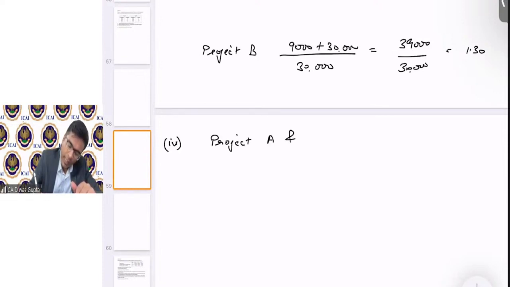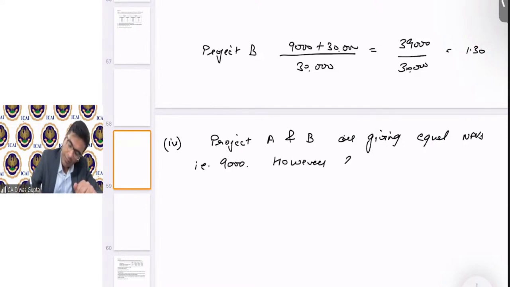Projects A and B are giving equal NPVs. That is 9,000.